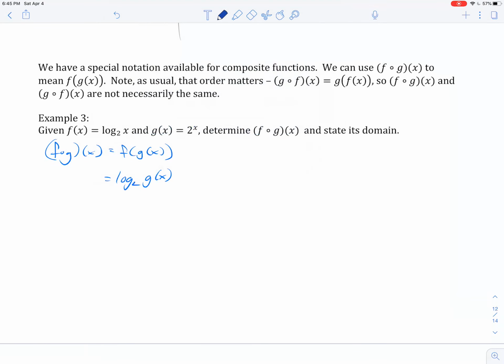The reason I wanted to show you this in this fashion was just to show that this means g of x cannot be non-positive. It can't be negative. It can't be equal to 0. It has to be positive because we're taking the log of g of x, whatever g of x happens to be.